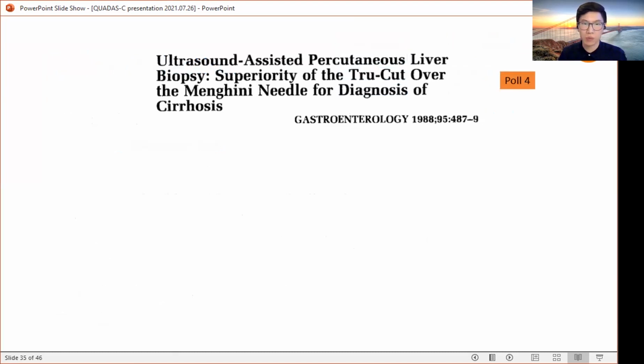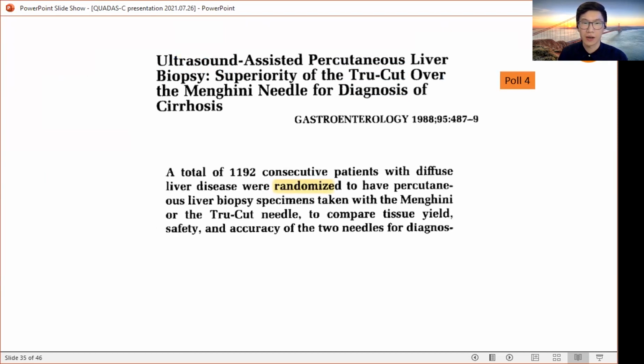Just a simple example. This is a study from 1988 about the accuracy of two needles. One is called the Trucut needle and the other is called the Menghini needle for the diagnosis of liver cirrhosis. Now, they say that in this study, more than 1,100 consecutive patients were randomized to one needle or the other.